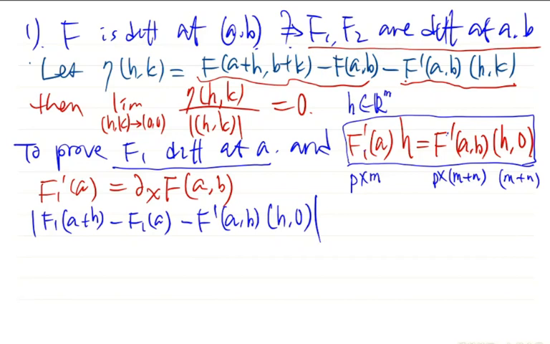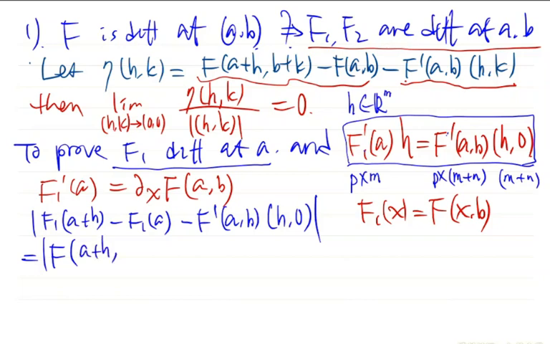What's this? This is precisely F, by the definition of f1. Remember, our f1(x) is F(x, b). So using the definition of f1, this quantity is F(a plus h, b) minus F(a, b), then minus F prime at (a, b) acting on (h, 0).